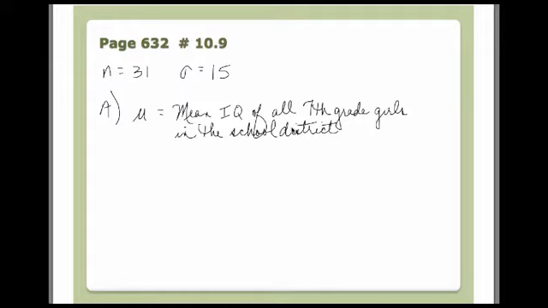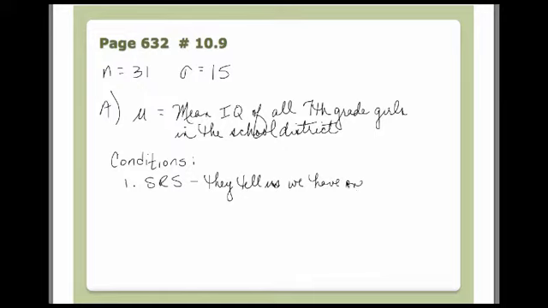All right, now let's think about the conditions that need to be true. The first one, remember, we had to have a simple random sample. Well, they tell us we have one. All right, so that's easy.